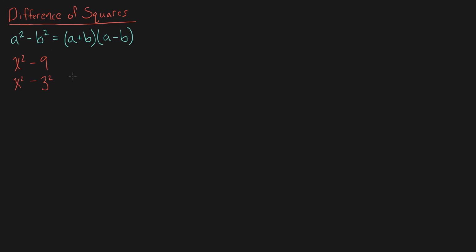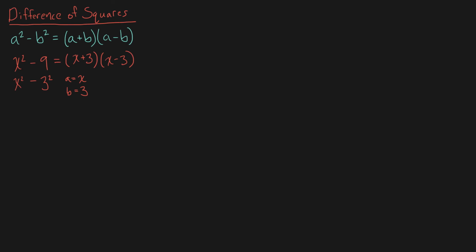Once I've manipulated it, my a value is going to be x, and my b value is going to be 3. And so I can rewrite this expression as x plus 3 times x subtract 3. So I just used the difference of squares pattern to factor x squared subtract 9 into x plus 3 times x subtract 3.